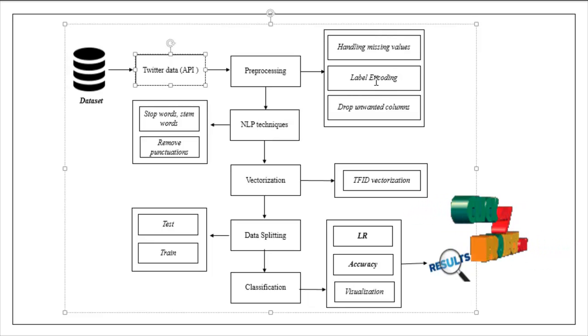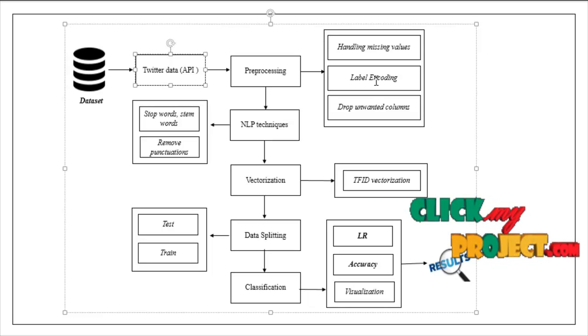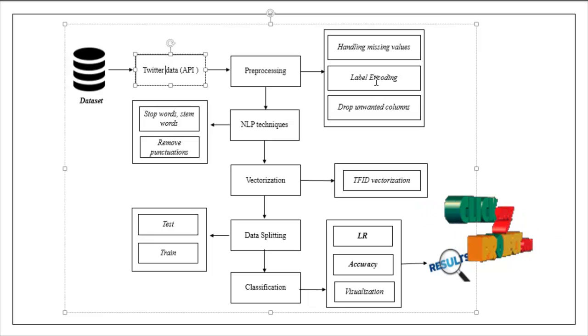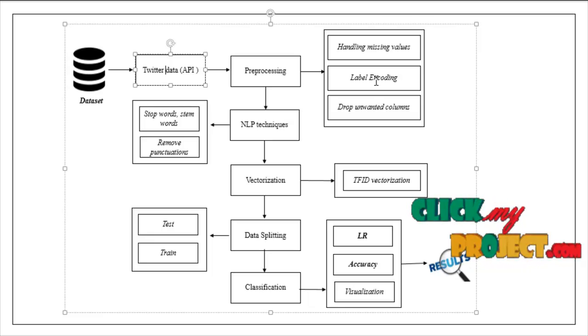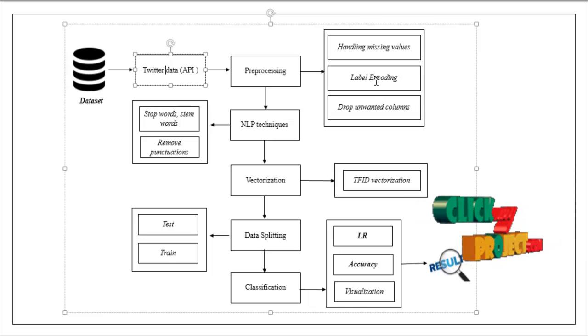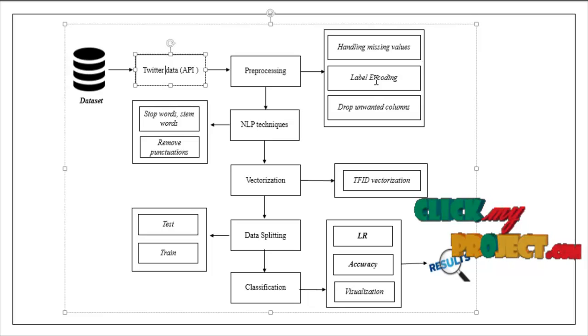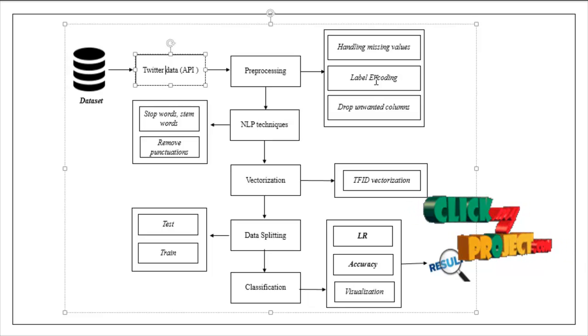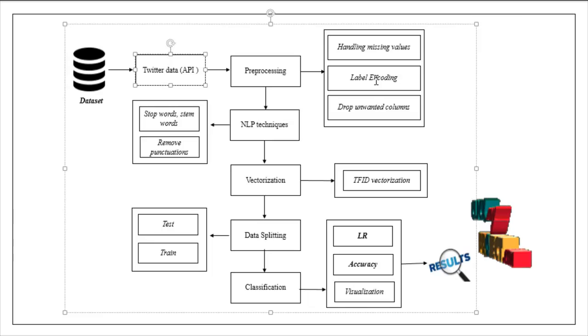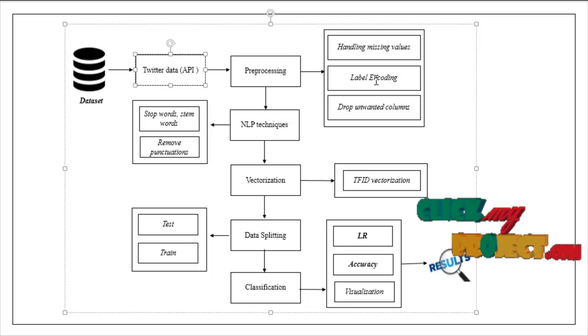Then we have to encode the label, that means the string is converted into an integer numeric value. After that we have to drop unwanted columns if needed. If any attributes or columns are not required for our process, we have to drop those unwanted columns.